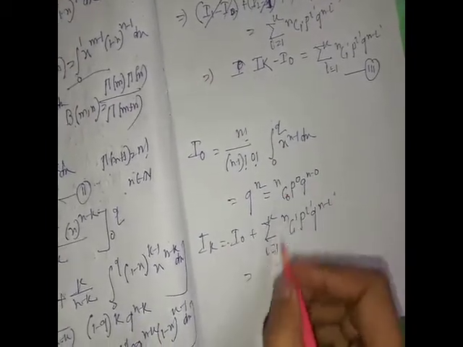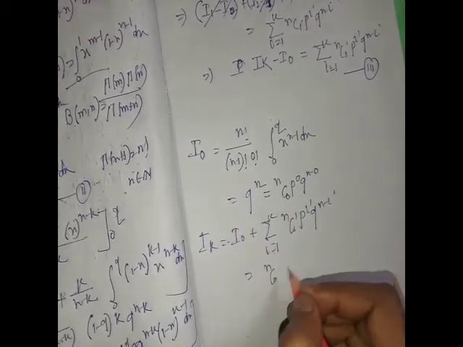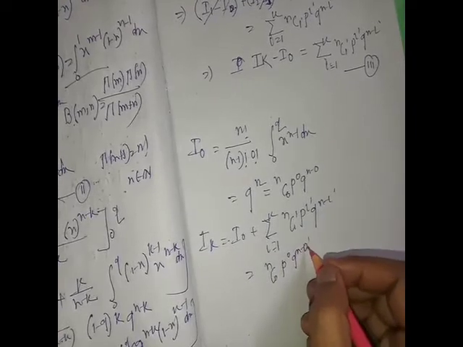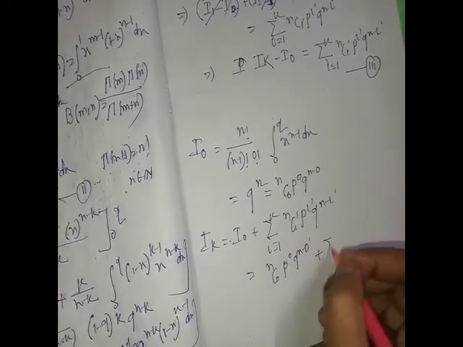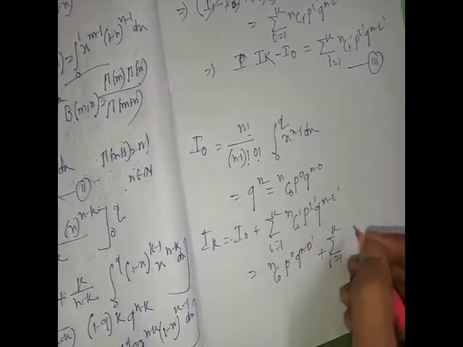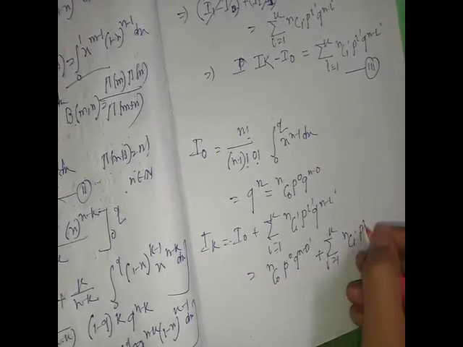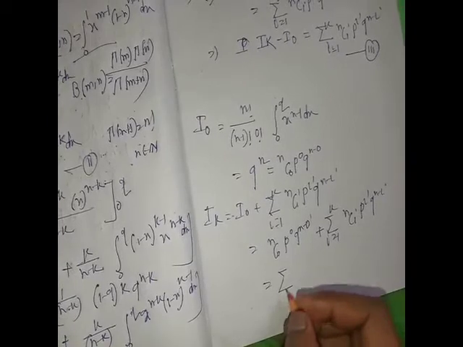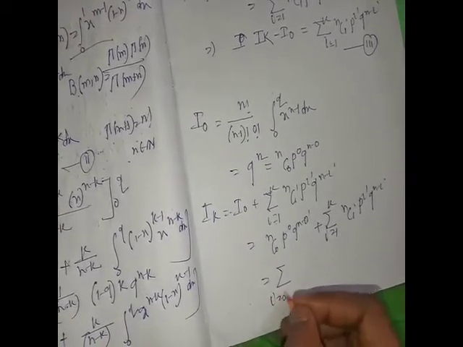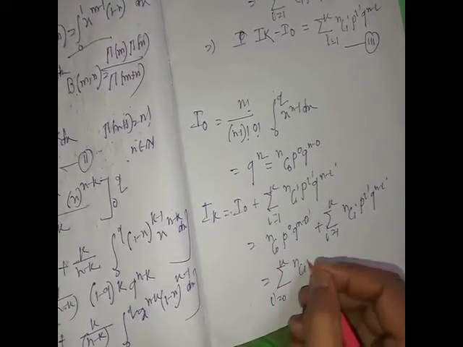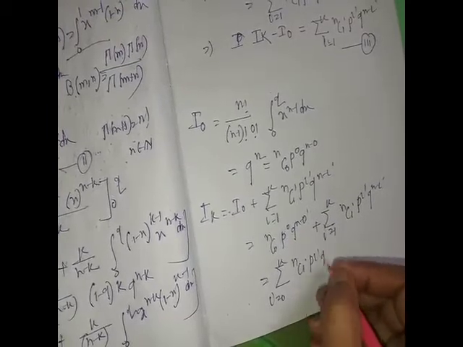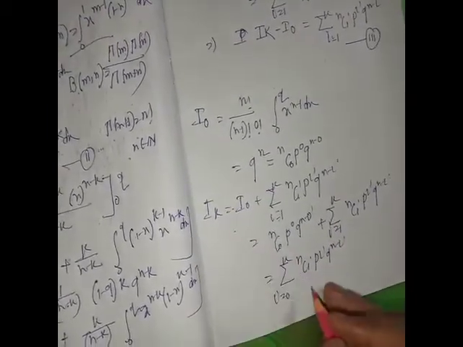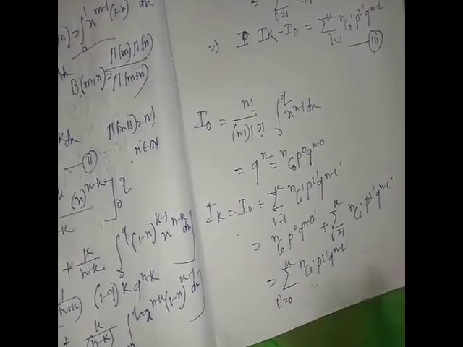Here I0 is nC0 p to the power 0, q to the power n minus 0, plus summation from 1 to k of nCi p to the power i, q to the power n minus i. That means summation from i equal to 0 to k of nCi p to the power i, q to the power n minus i. So here I k is this, number 5.